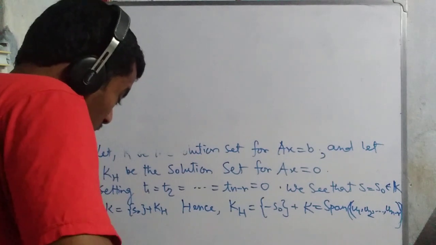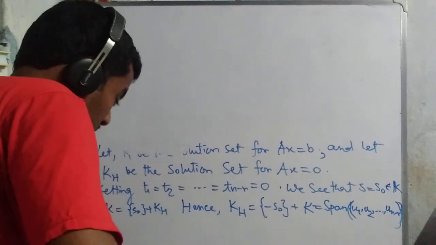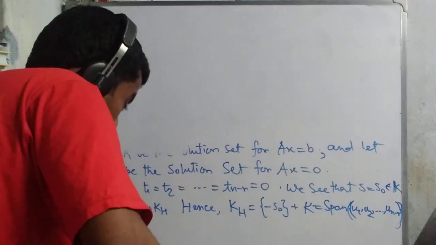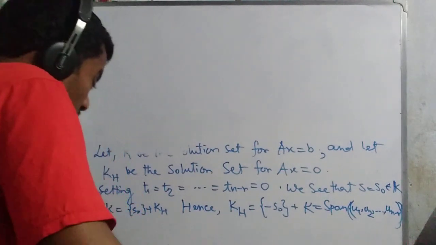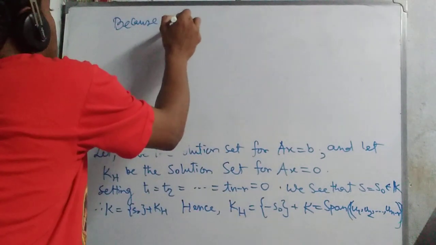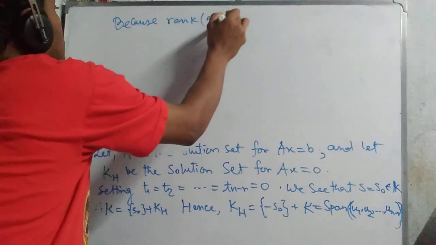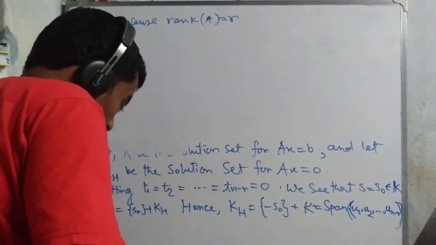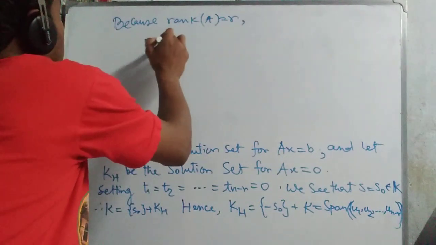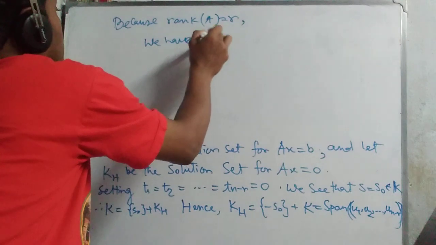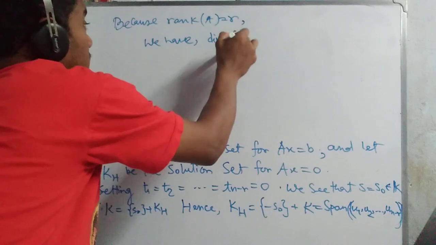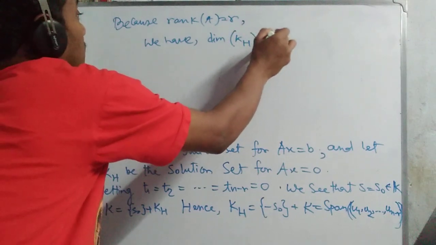Then obviously we show that because rank of A equal to R, we have dimension of Kh equal to n minus r.